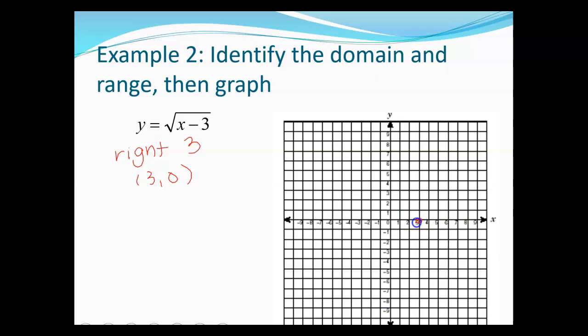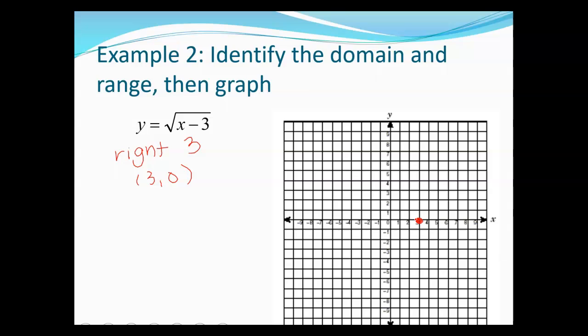So all that changes are the x values in that table. So they're just going to transform, like before, 3 units to the right.